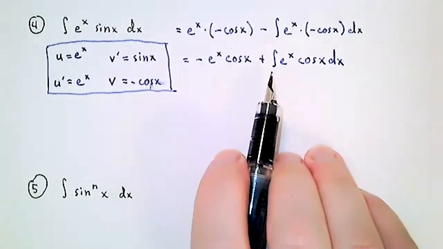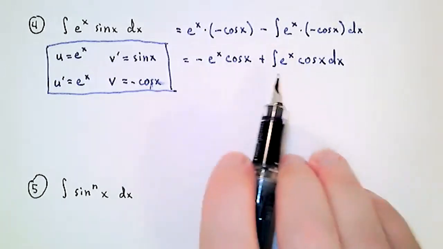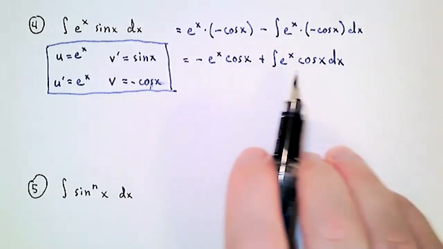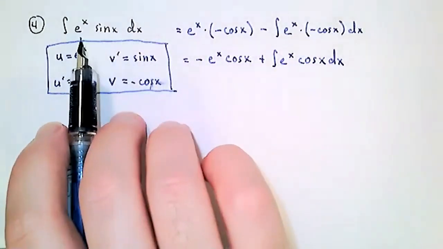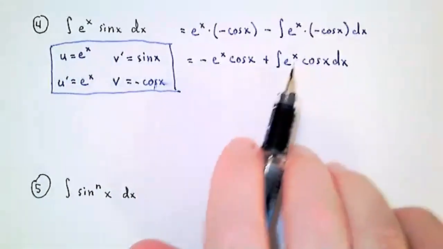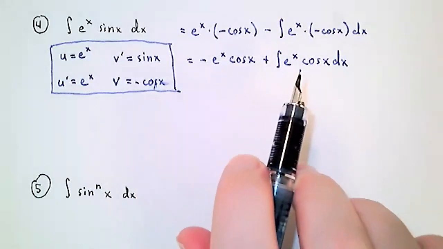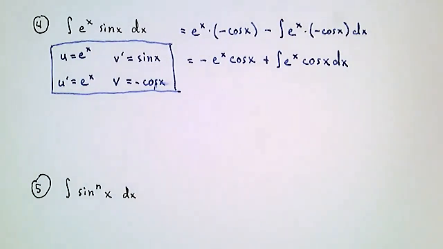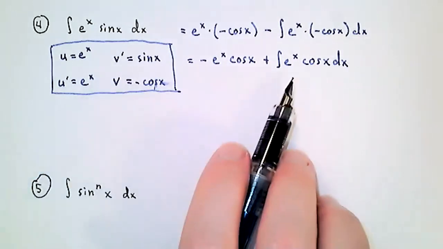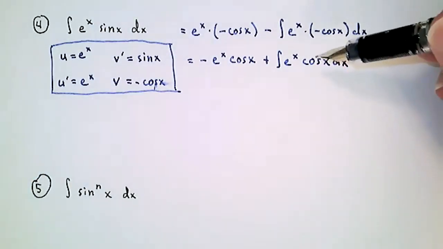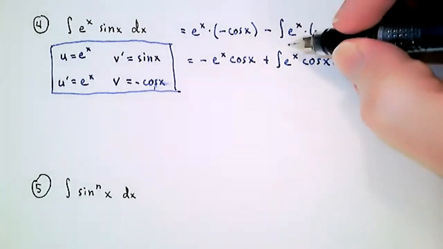So what we've ended up with in this second integral is actually very similar to what we started with. We have the exponential e to the x times a trig function. So what I would do is just make the same choice, because we're definitely going to need to do integration by parts again.